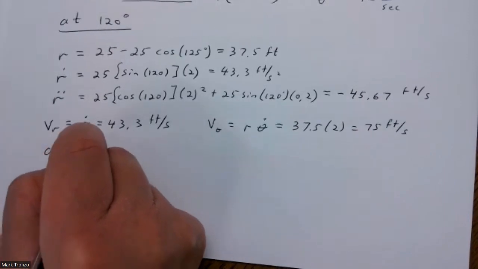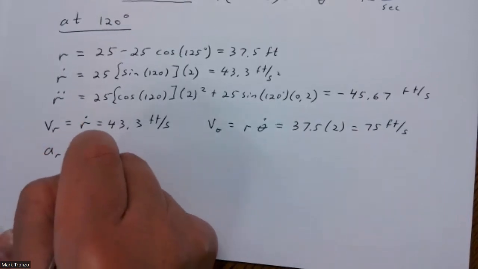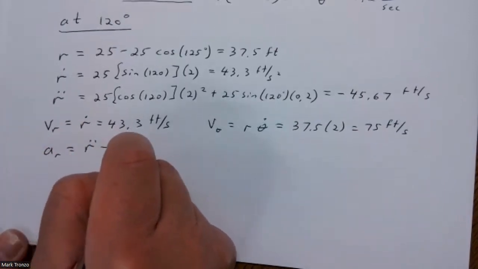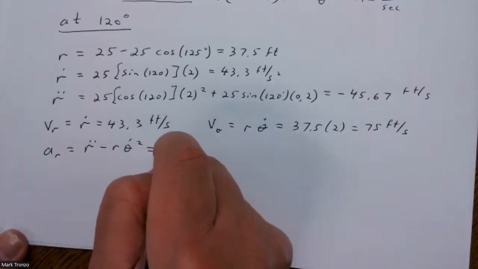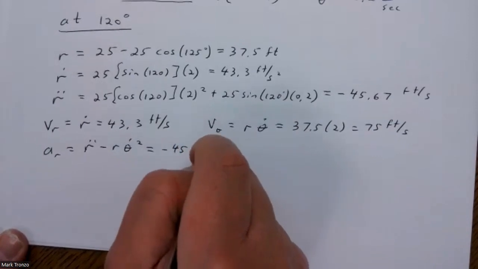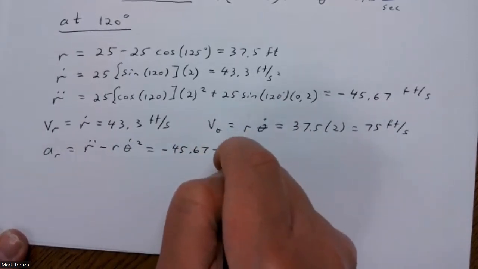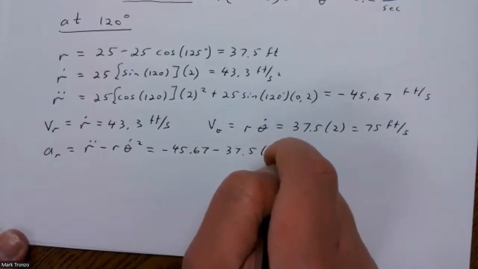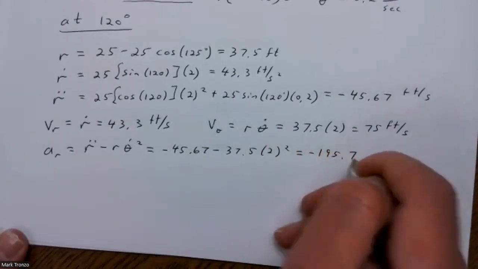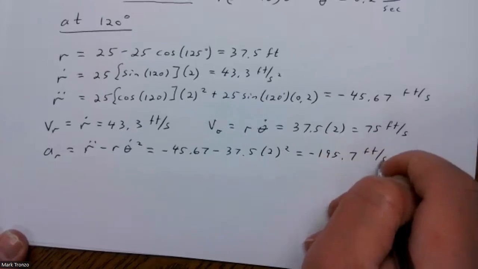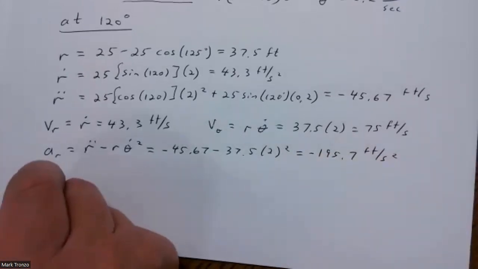AR is R double dot minus R theta dot squared, which is minus 45.67 minus 37.5 times 2 squared, which is minus 195.7 feet per second squared.